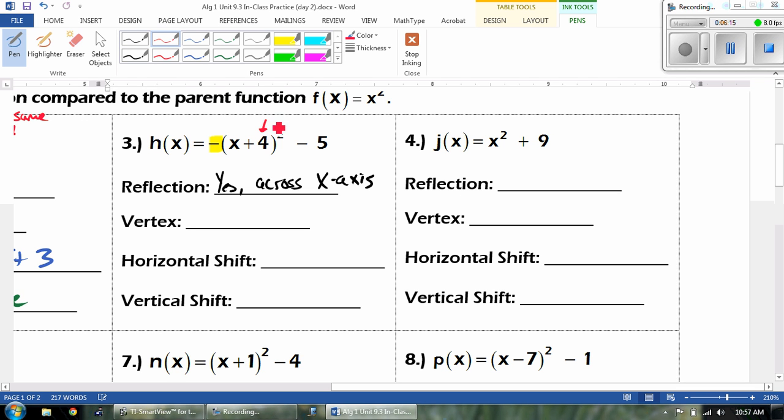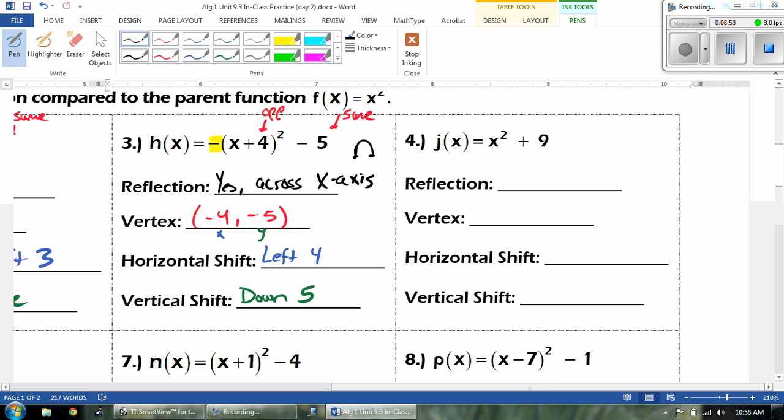All right, our vertex, remember, opposite, and this stays the same. So our vertex is -4, -5. So what's that mean for the x? It means that we are going to go left 4, and for the y, we're going to go down 5. Okay, so since there was a reflection, our graph would be facing down.